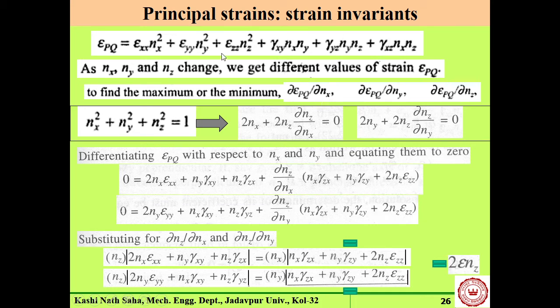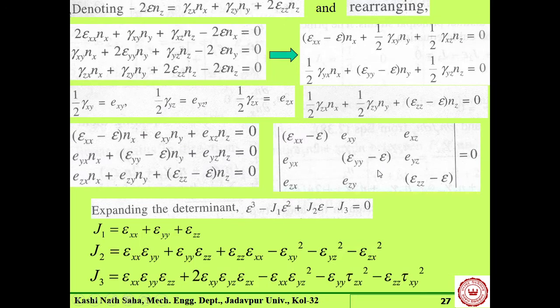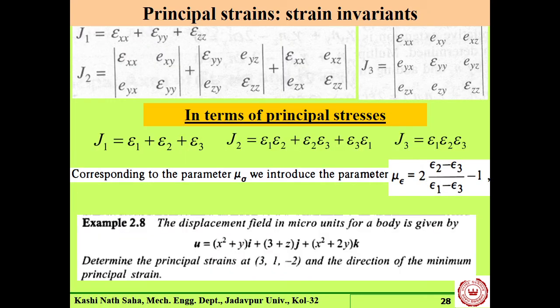We took the derivative with respect to nx, etc., and then we got a cubic equation, this time in terms of the epsilon value. And this cubic equation again has three invariants. They are the invariants of the strain. So that is why, and this is the problem. Okay.